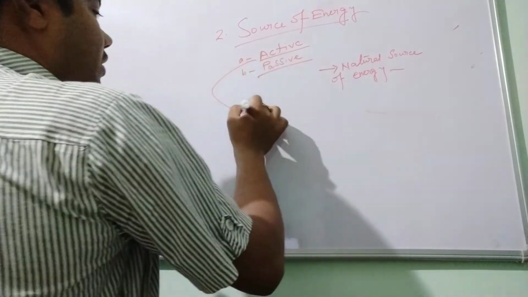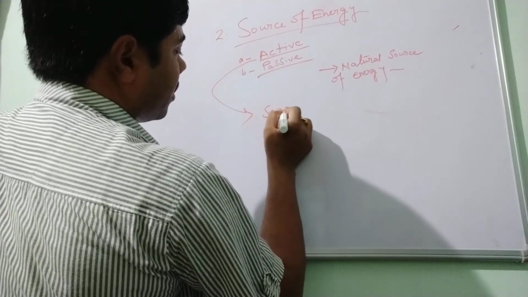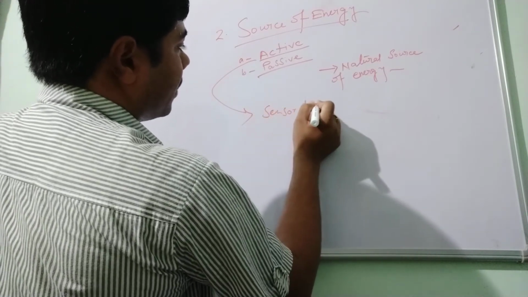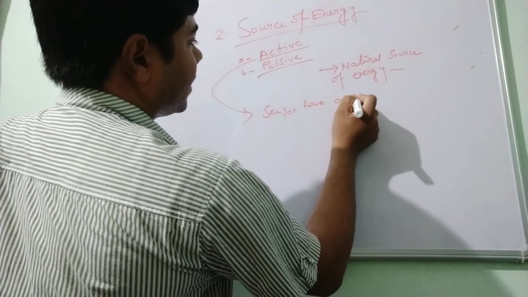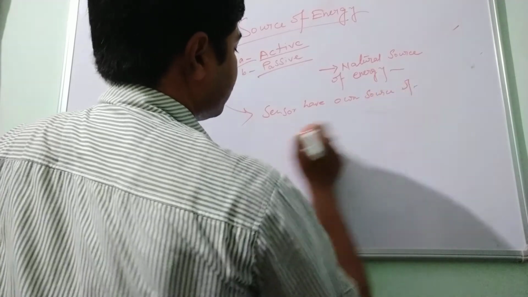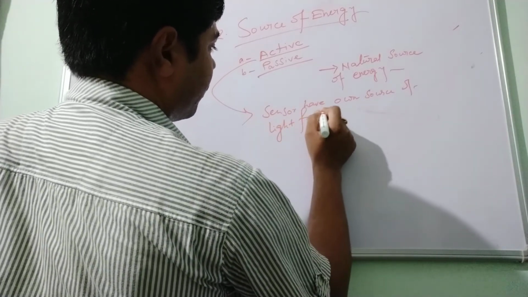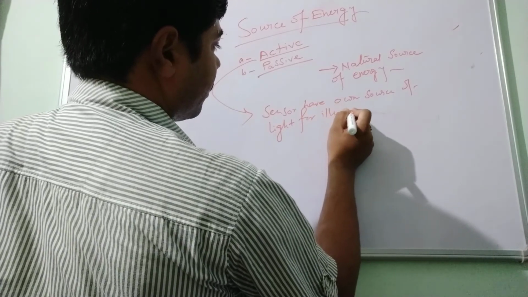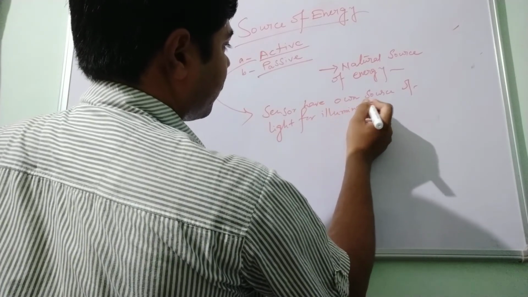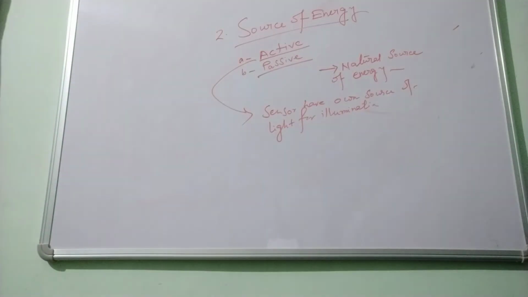Whereas in active remote sensing, the sensors have their own source of light for illumination. So this is called active remote sensing.